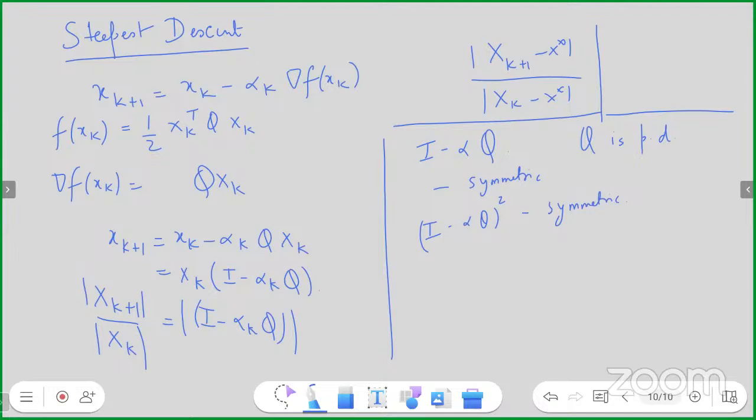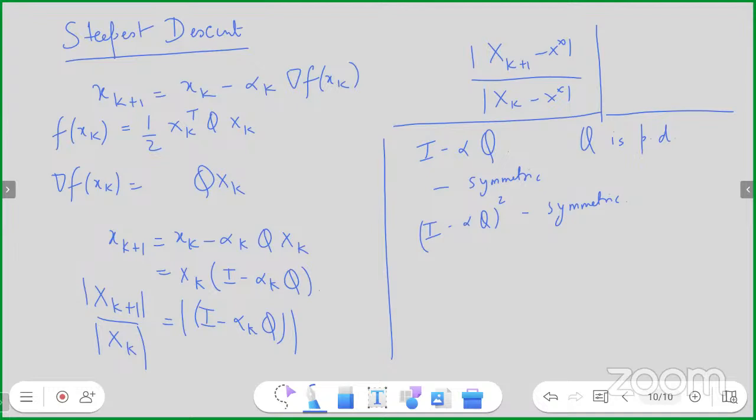What are the eigenvalues of this matrix after the square? And is this positive semi-definite? The whole matrix, I minus alpha Q whole squared. Is this positive semi-definite?